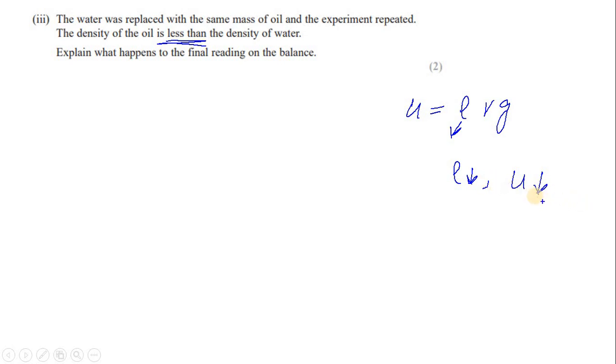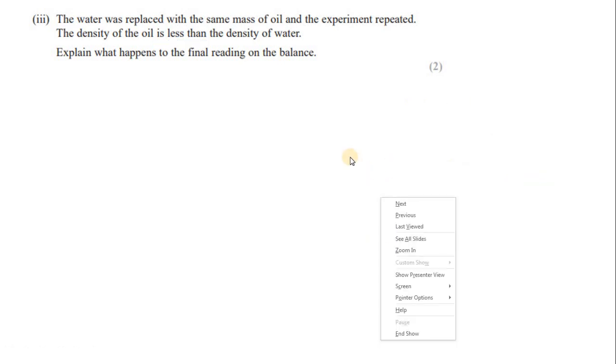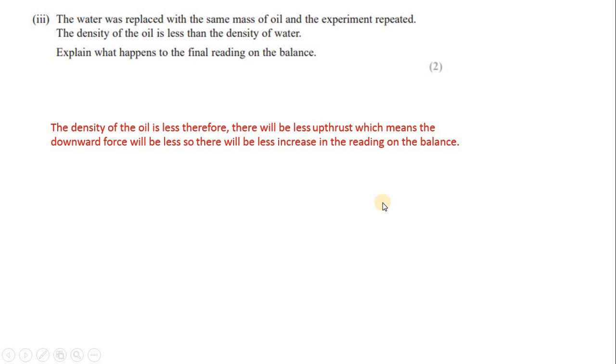If upthrust is going to decrease, then the downward force will also decrease according to Newton's third law. Fine. So you can say that the reading should be decreased. So there will be less increase.